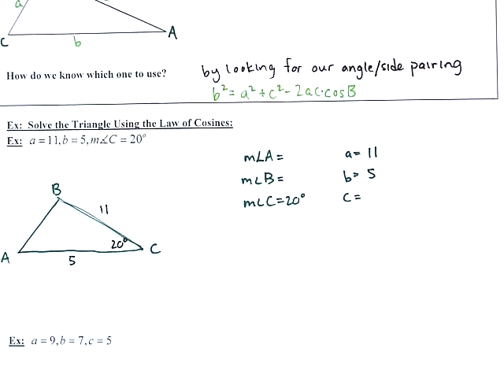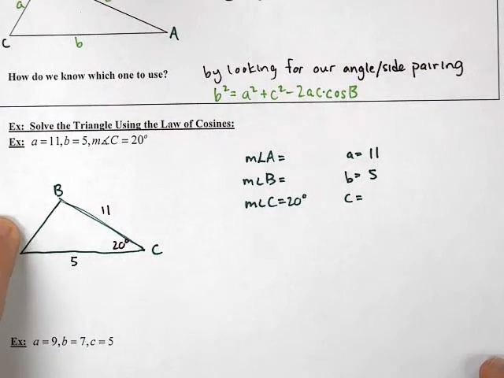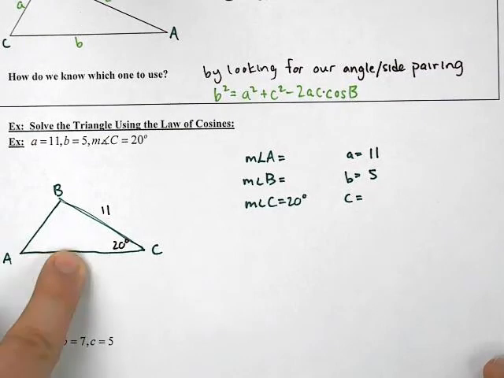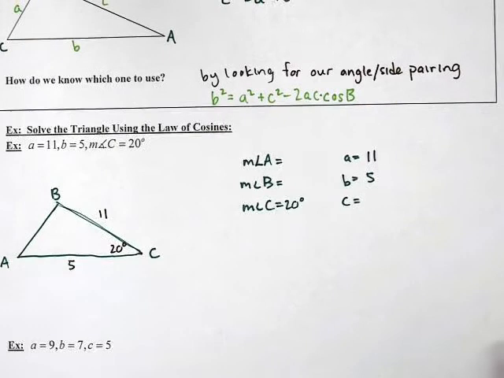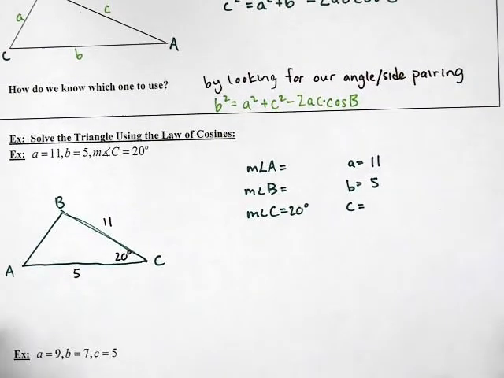So, first thing to notice, we cannot use the law of sines because we don't have an angle pair. An angle side pair, right? I don't know the side across from C. I don't know the angle across from B. I don't know the angle across from A. Alright, so if I don't have a pair, then I can't use the law of sines. So, law of cosines, here we go.